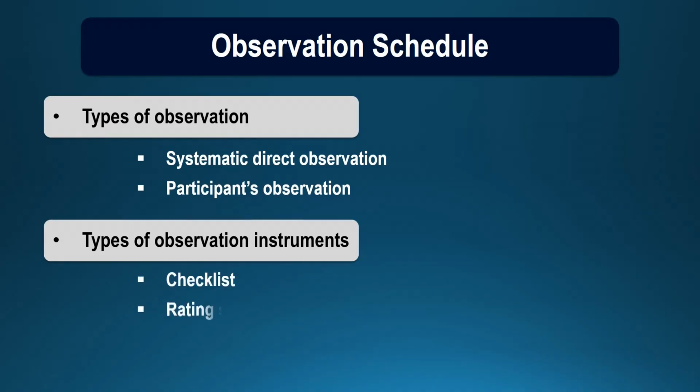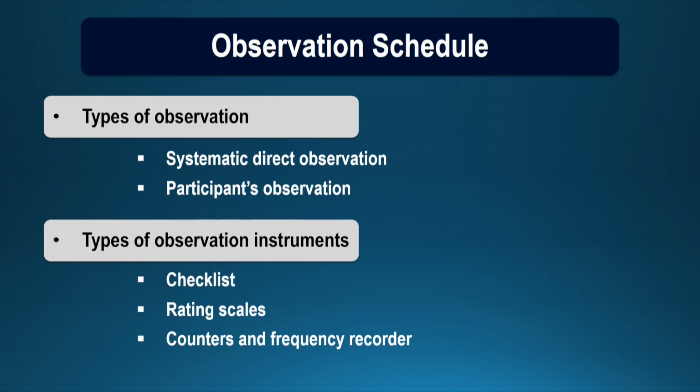Observation schedule can include items or questions in the form of checklists, rating scales, counters, or frequency recorder, and the researcher can also take field notes.